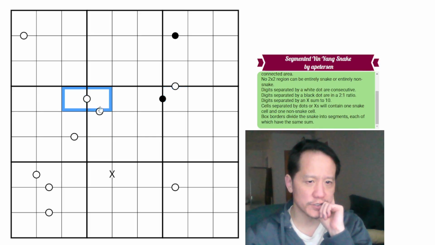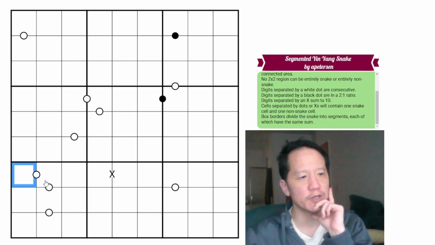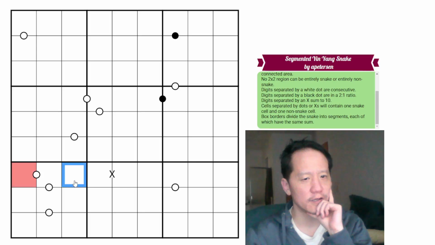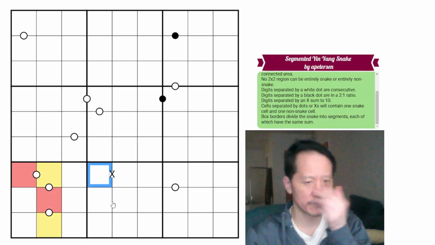These are interesting, right? Okay, so these have to be opposite, right? So I guess we'll make this, I don't know, red and yellow here. Okay.